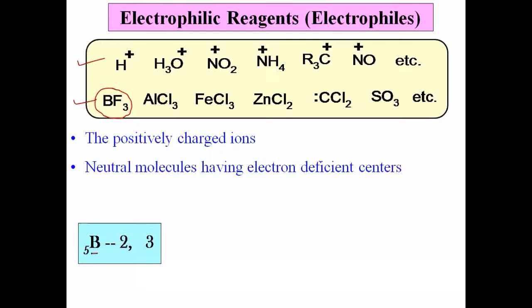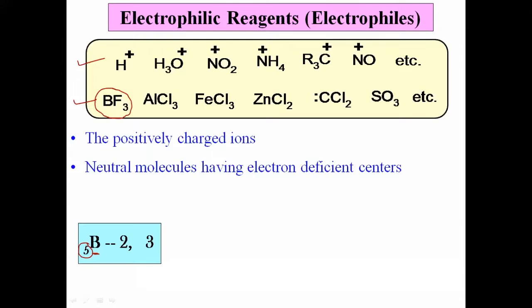Central atom is boron. What is the atomic number of boron? Yes, 5. Then roughly I can mention its electronic configuration. In the first shell there are 2 electrons. Then in the second shell, there are 3 electrons, 2, 3. This is the rough electronic configuration of boron.